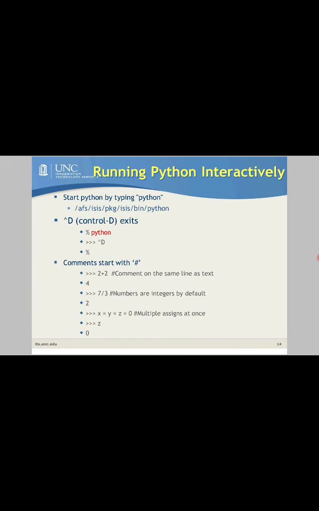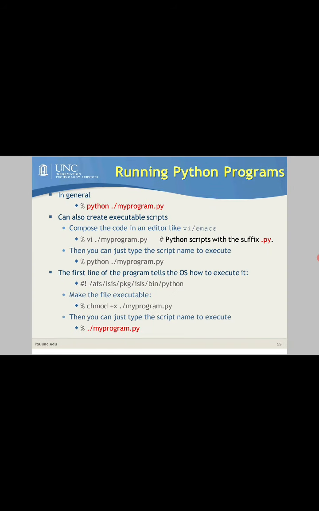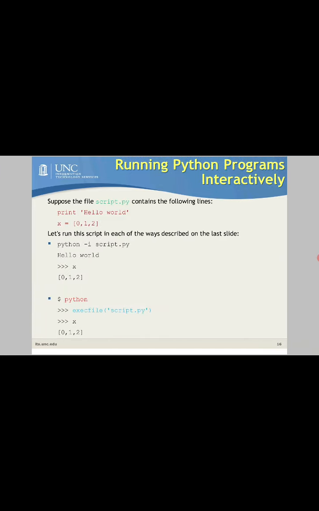Running Python interactively: start Python by typing python, and Control D to exit from the Python environment. Comments within Python begin with the hash symbol. Running Python programs in general is Unix based, but we can easily run them on Windows too.